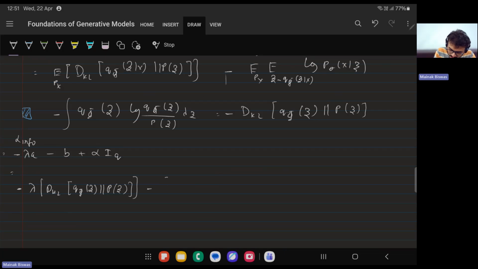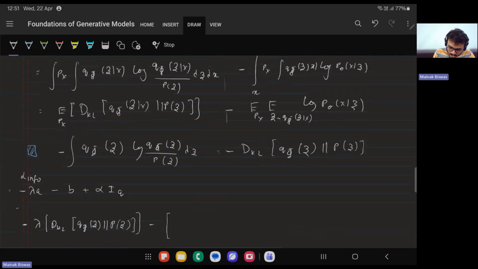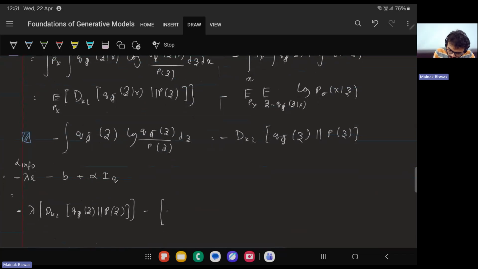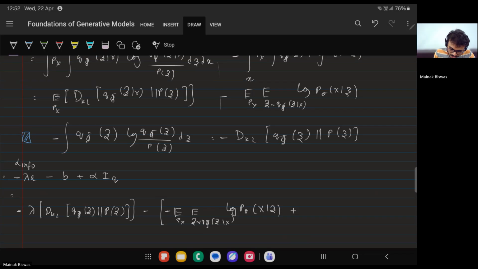Minus b. b, the second term, is what we just factorized out. It consists of minus the expected value over x, the expected value over z sampled from q phi of z given x, of log of p theta of x given z, plus DKL between q phi of z given x and p of z.